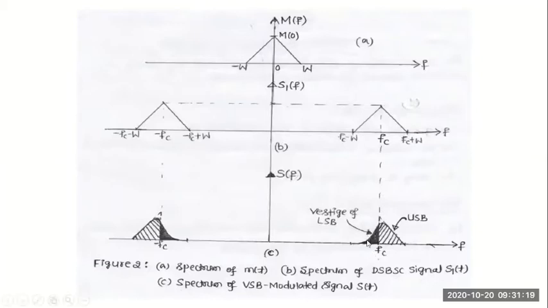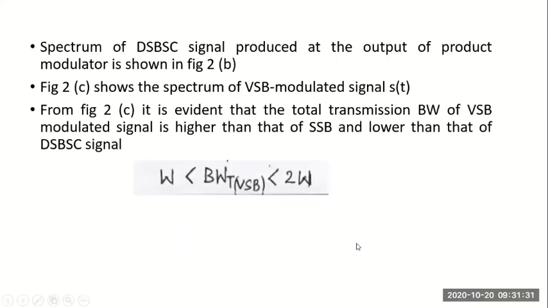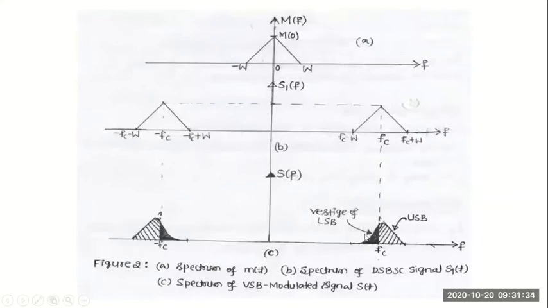When I've added a part of the unwanted sideband, the vestige of LSB, you can see this darkened portion, which is not required. So this will surely occupy some bandwidth as well as power, right? So it's going to occupy a small bandwidth along with power. So you will use the filter in such a way that you will reduce the amplitude or power level of the required sideband to adjust for the power needed to carry this vestige.